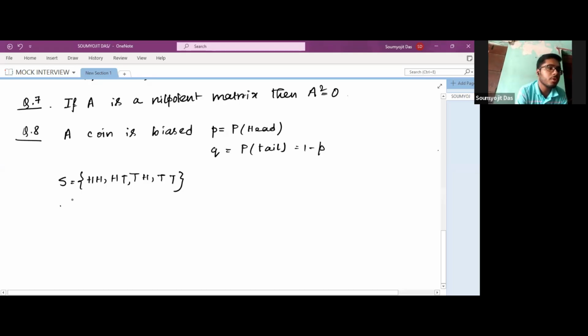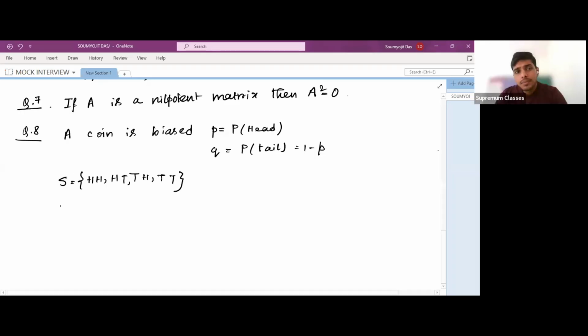I think if we toss the coin 3 or 4 times, we can collect the sample points as one sample and construct the probability. And if the probabilities are equal, then we can consider an unbiased experiment with that.